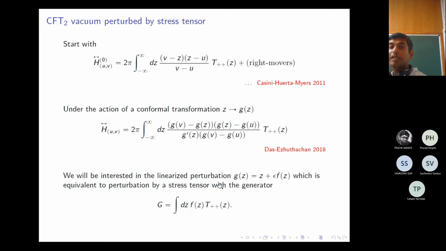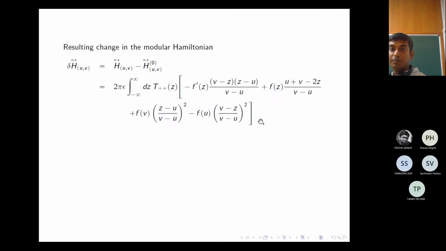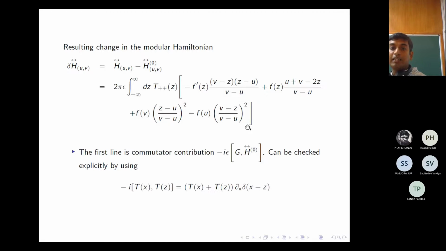So all I now have to do is write this down to first order in epsilon, and we did that. The epsilon to the 0 piece will be precisely H U V 0. If I subtract that to find the delta, the change part, which is order epsilon, then this is the form. I have written it in two lines because the first line is the commutator contribution.